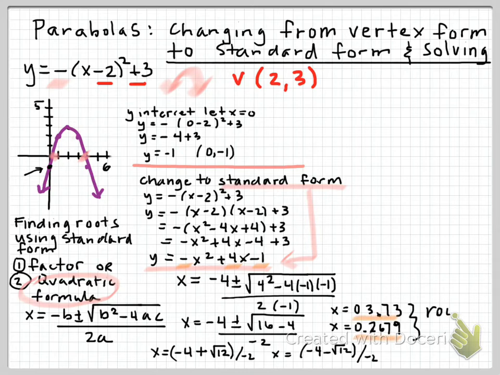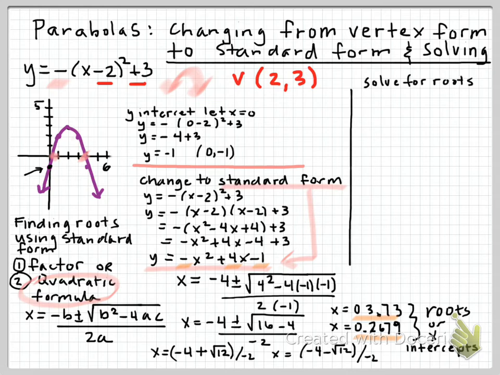Okay, so we found both roots, or the x-intercepts, and we also found the y-intercept. So next I want to show you how to find the same thing, those roots, but this time using vertex form. So it shouldn't matter to us finding the roots in either form. We're always going to do the same thing, and that is we're going to let y equal 0. And so I went ahead and let y equal 0 in vertex form.